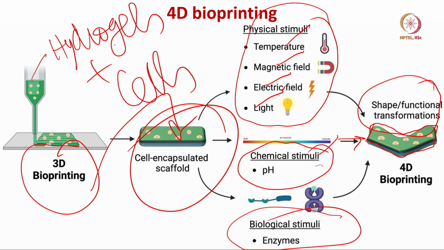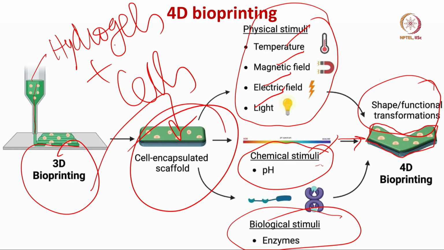It is a viscoelastic gel with the unique capability of significant water retention, and this particular gel can also be cross-linked using either a chemical cross-linker or a physical cross-linker. So this is your hydrogel and this is the cells.